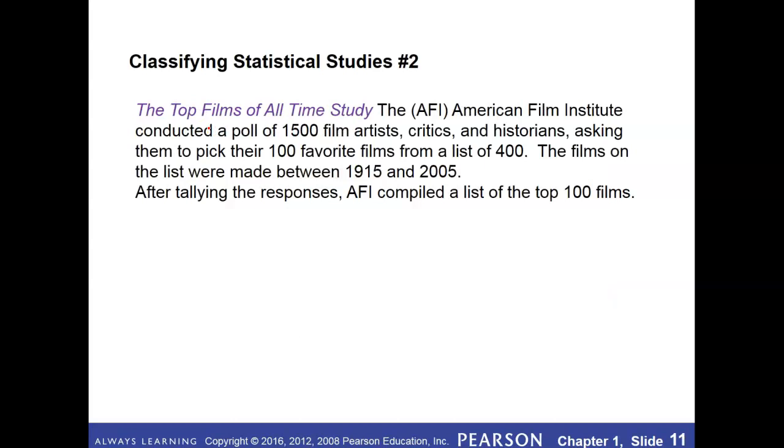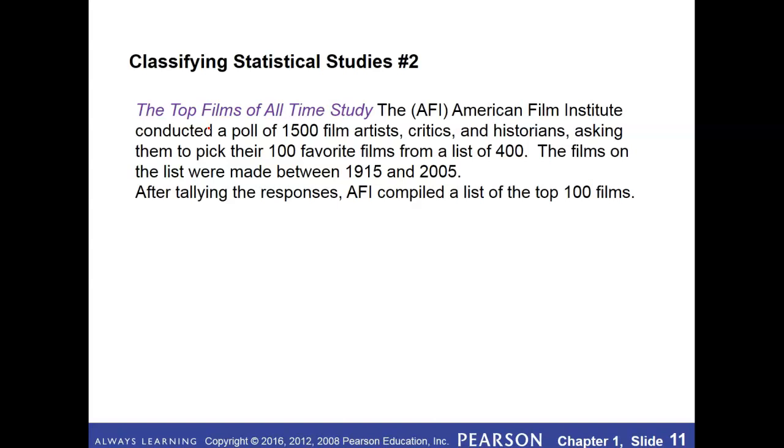All right, how about this one? Top filmmakers of all time. The American Film Institute conducted a poll of 1,500 film artists, critics, and historians, asking them to pick their 100 favorite films from a list of 400. The films on the list were made between 1915 and 2005.